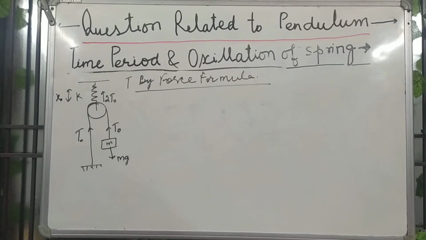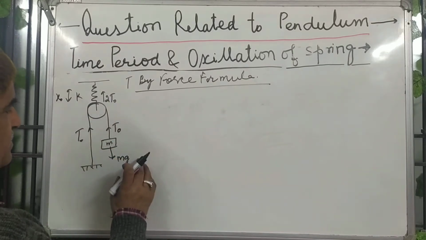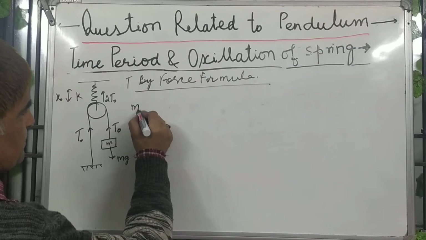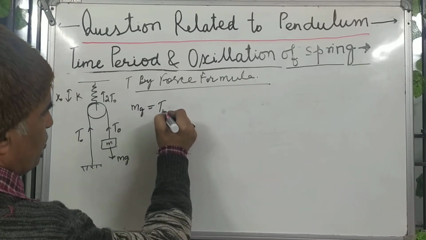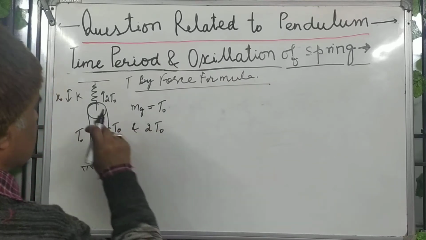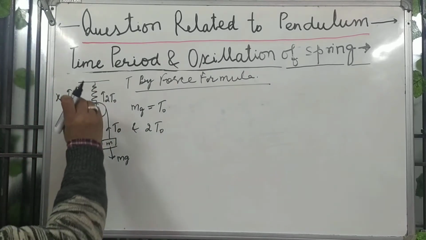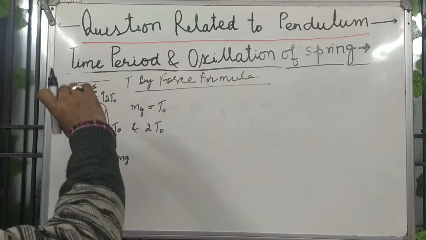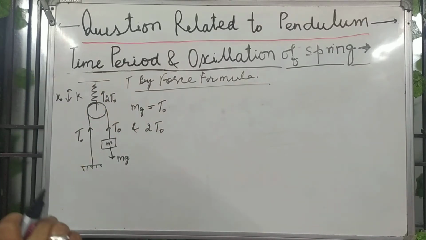So in this operation, you may write mg equals T naught, and twice T naught causes extension in the spring.